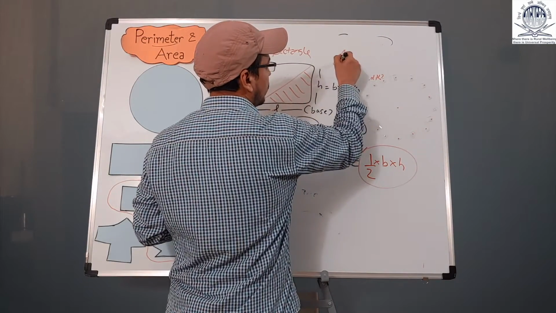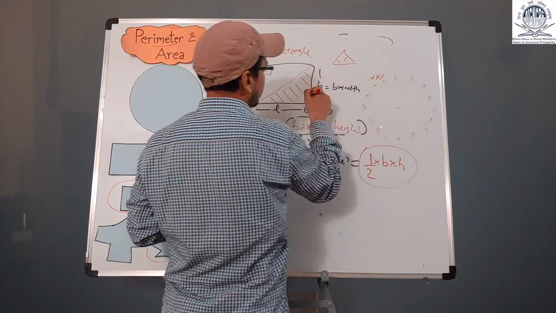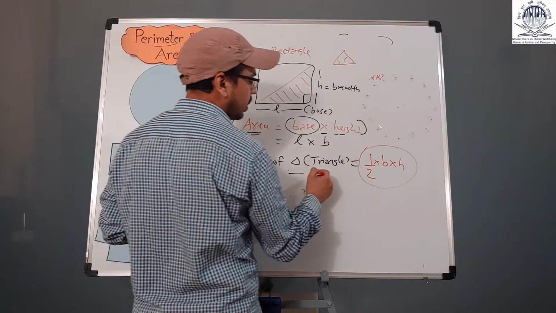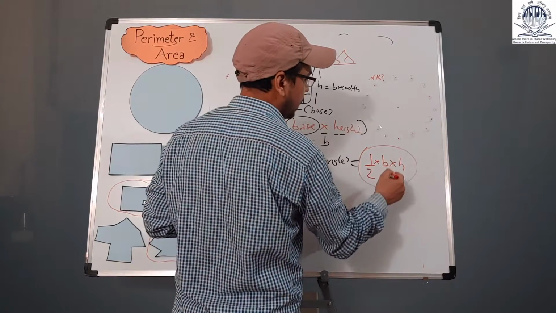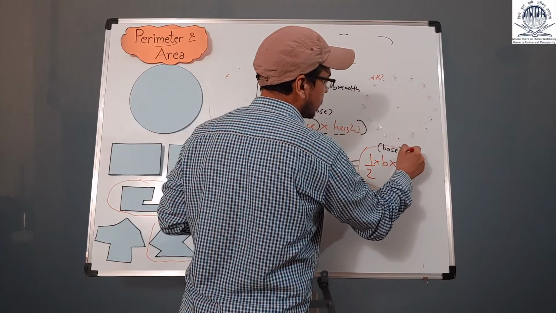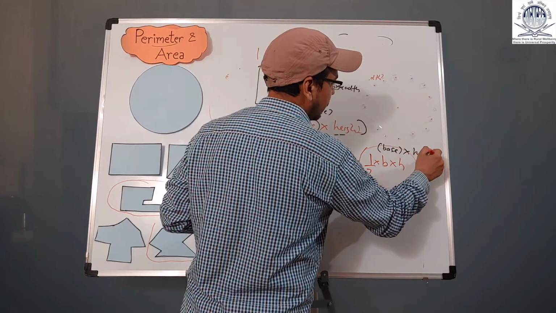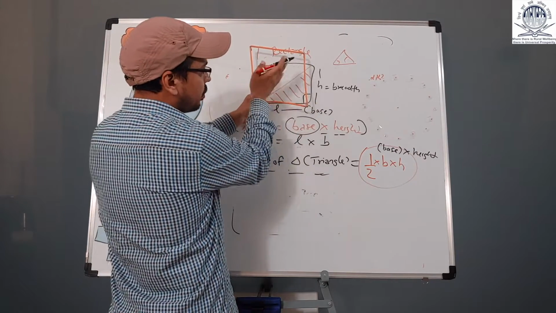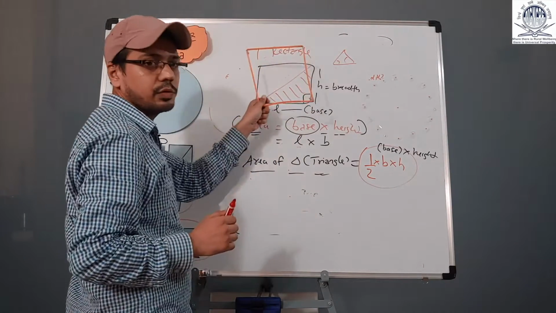It could be an equilateral triangle, it could be a right triangle, as you can see over here. The area of a triangle will be half into base into height, where B represents base. And why half? Because we derived it from a rectangle, and half of the area of a rectangle comes out as the area of a triangle.